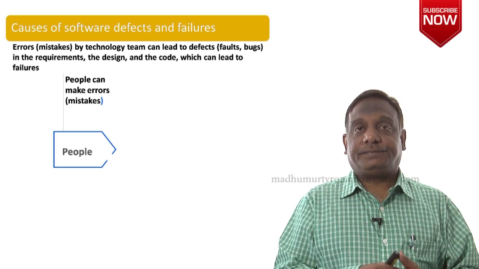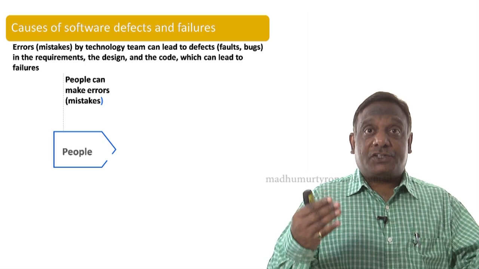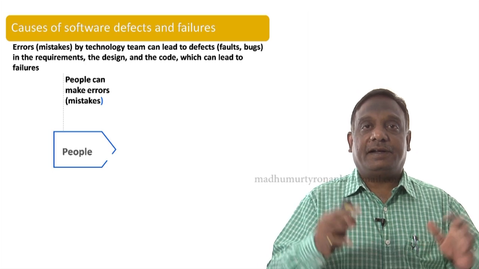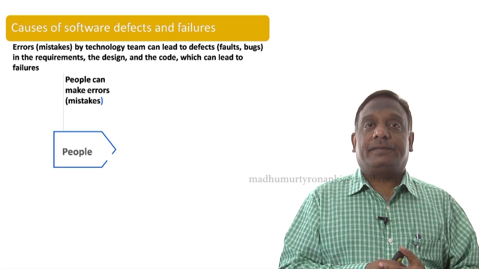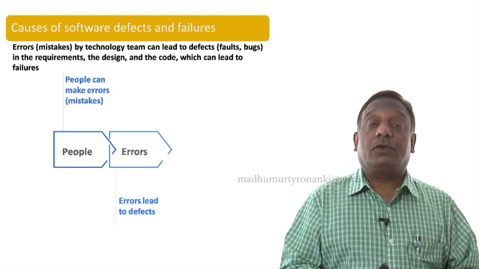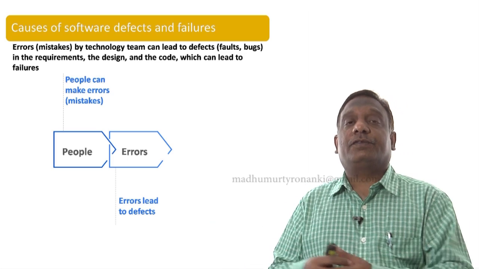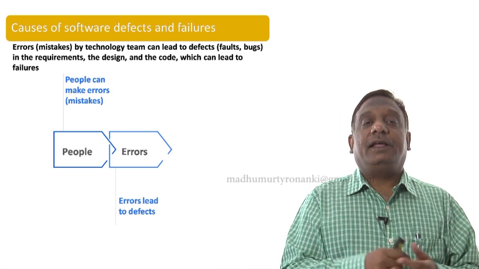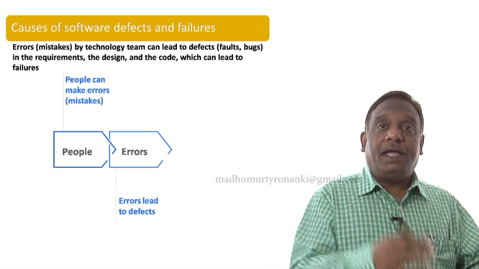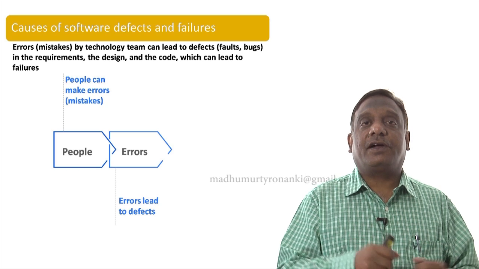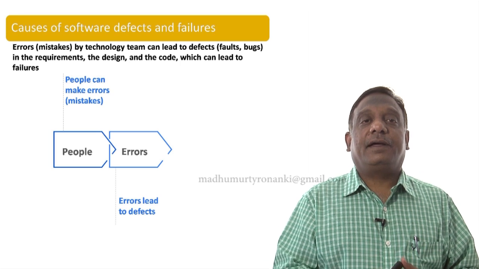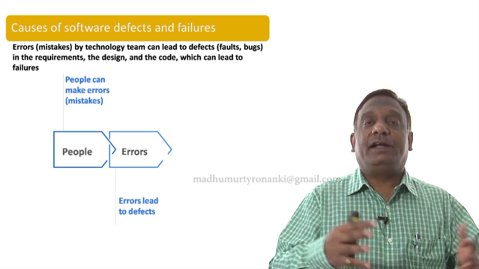So what is an error? Error is a mistake, a human action that produces an incorrect result. That is how we define an error. In fact, the root cause for software defects and also the root cause for failures of software is actually error. People, while developing software, make mistakes, and these mistakes are called errors. Like you misunderstood a requirement and wrongly defined a requirement.